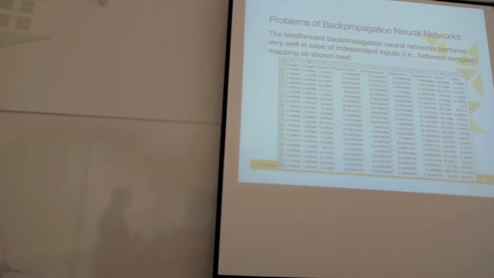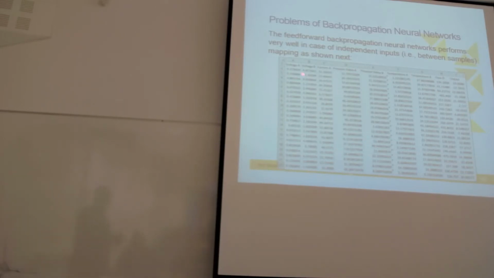For example, say you have a database about a certain electrical network, with some measurements on the network: voltage at point A, voltage at point B, current at point A, pressure value at point A, and so on.